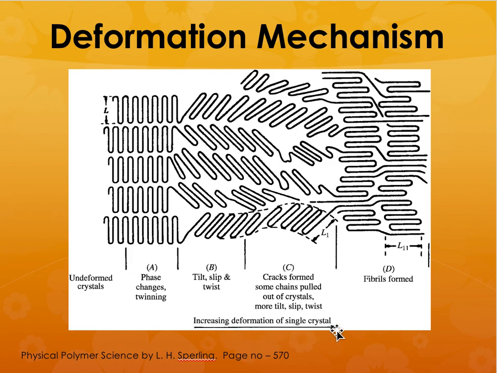If you have a single crystal that you are deforming, under certain conditions there is some tilting of the chains, some slipping and twisting in order to accommodate the strain that is being introduced into the material. I'm not going to ask you to draw this, but at least please understand that this is what is happening in this material at a molecular level.